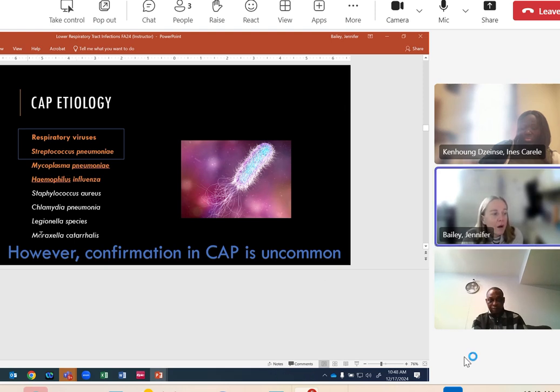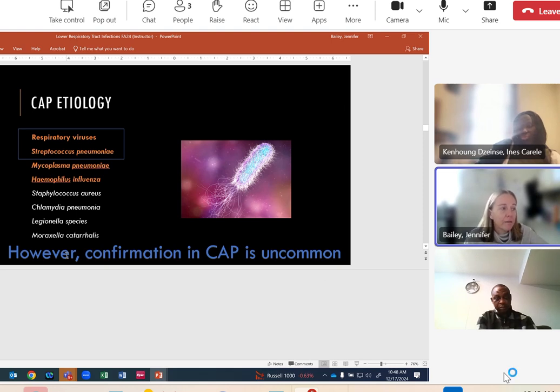Okay, so the guidelines really assist you in selecting therapy for empiric pneumonia. This is when you don't know exactly what bug a patient is infected with. The guidelines have antibiotics that cover all of these. Since we don't know what it is, the empiric treatments are going to cover all of these.